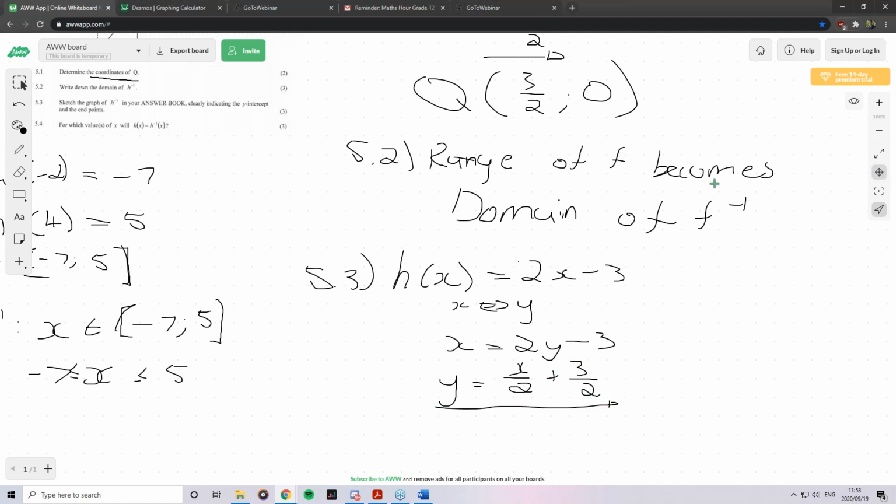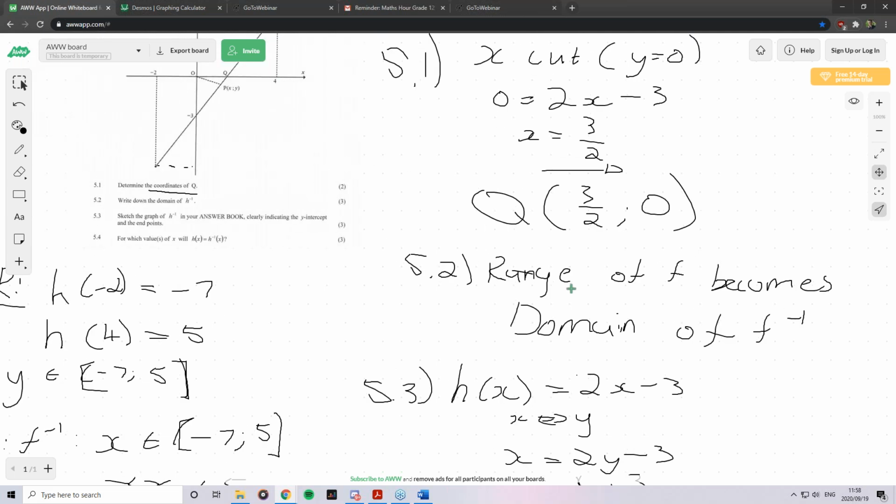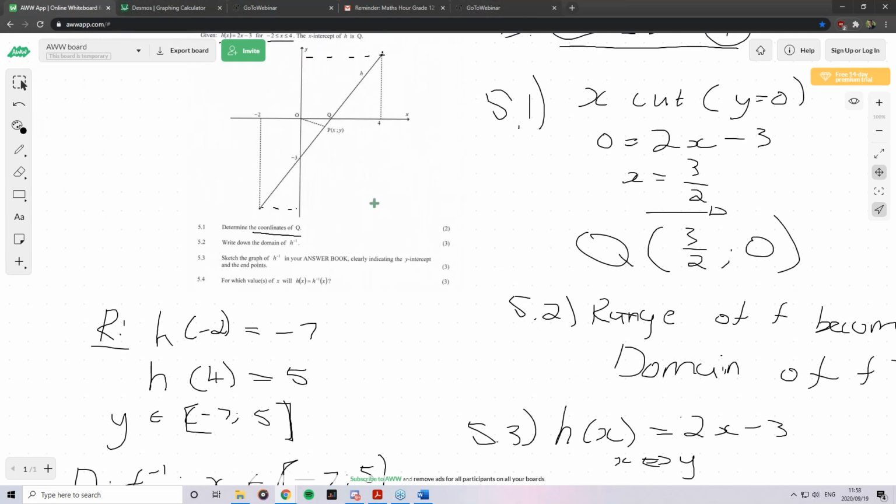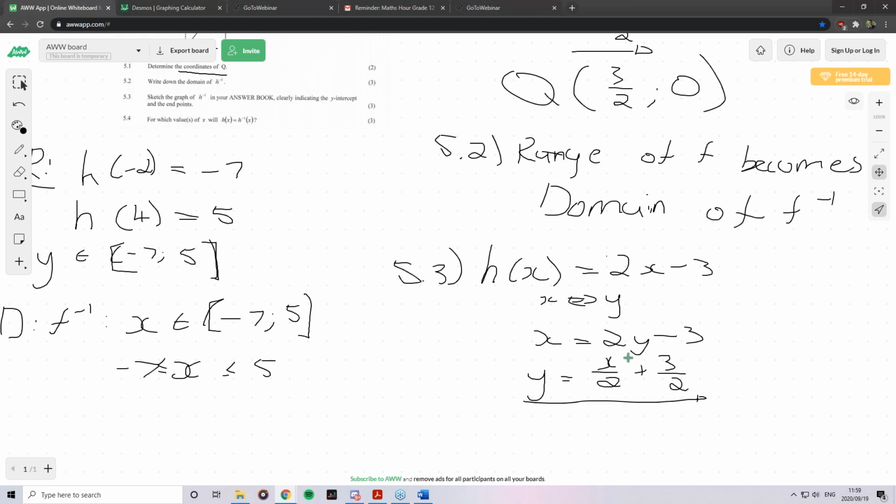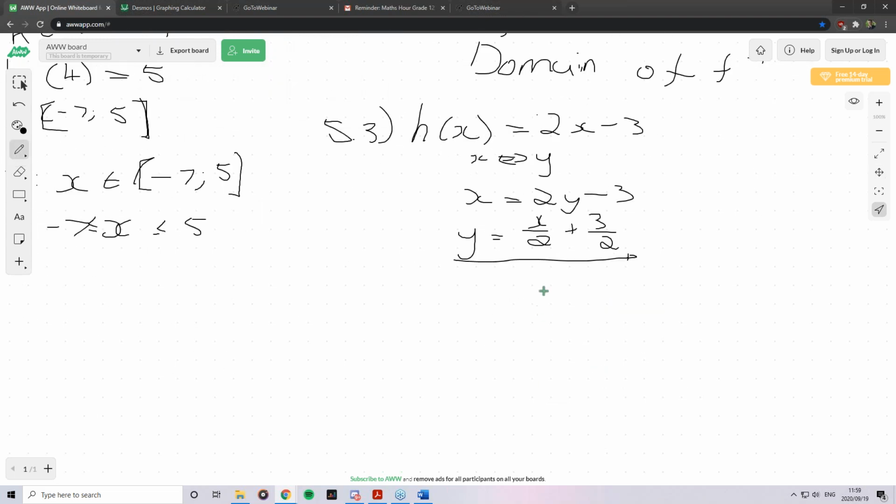Now, this is just a very basic straight line graph. I don't know if I need to, I'll just do it anyway.